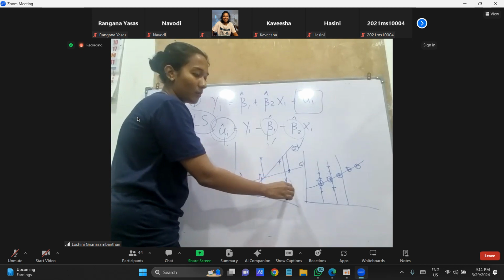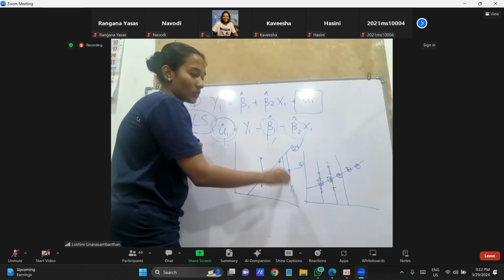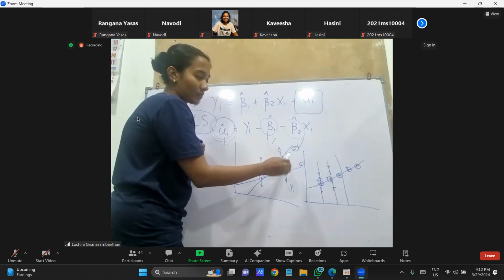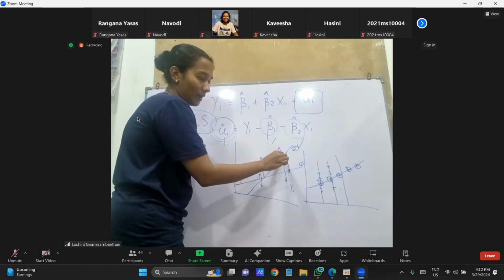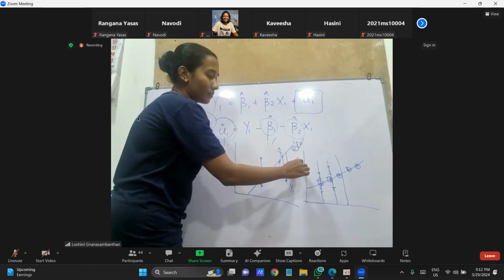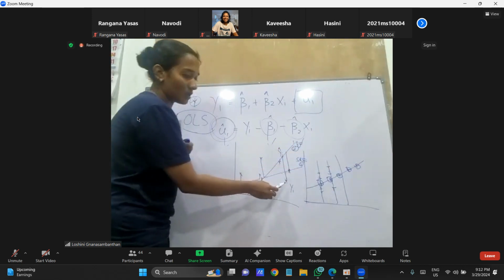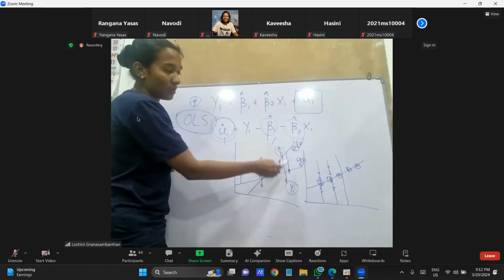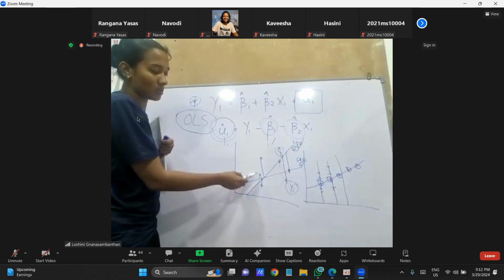between the real values yi to the yi hat. For number two, the distance from yi to yi hat is really long. The distance is too much.